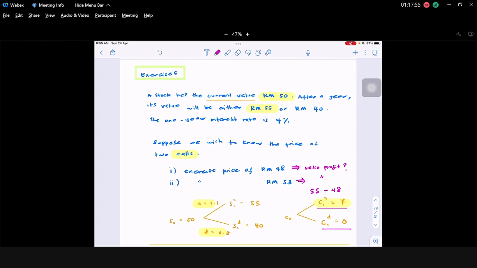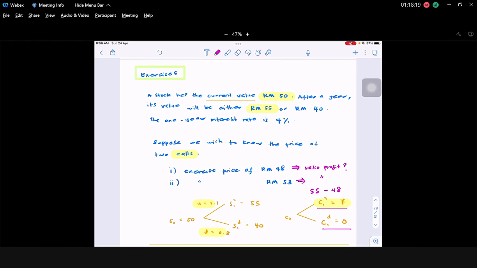Ataupun kita nak deal with option. Okay, so kita ikat kontrak pada harga 5 ringgit 38 sen. Okay, dan if our speculation is correct, so the price increase to 55 ringgit. Okay, dan kita akan dapat payoff dekat situ keuntungan 7 ringgit.